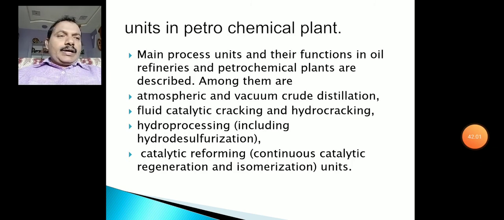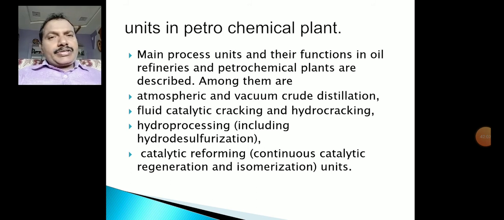These are the important units in a petrochemical plant: atmospheric and vacuum crude distillation columns. The atmospheric column will produce naphtha and its derivatives, and the vacuum column produces different gases, which are used as feedstock in the chemical industry.